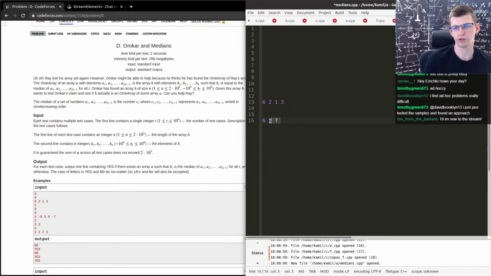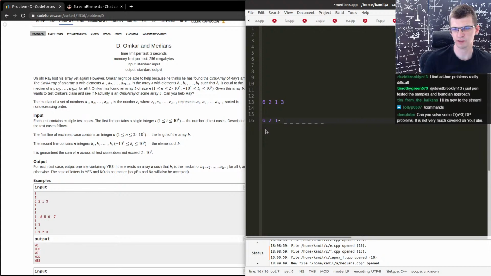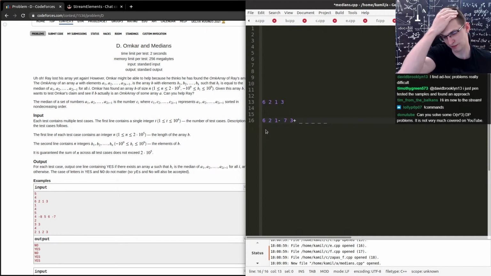So will there always be, in some sequence already decided, it seems that some numbers are decided completely, some are in an interval, like here 1 minus. This means that it's 1 or smaller than 1. Maybe here it must be 7, here it must be greater than 3. Do we ever need an interval?